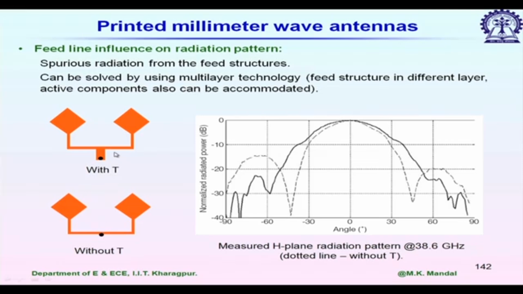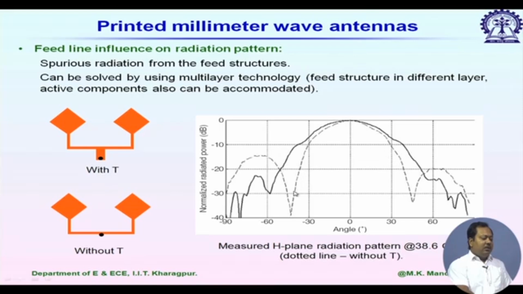and then we are plotting the normalized radiated power versus angle for this particular example. It was designed at 38.6 gigahertz. You see the radiation characteristics are significantly different.